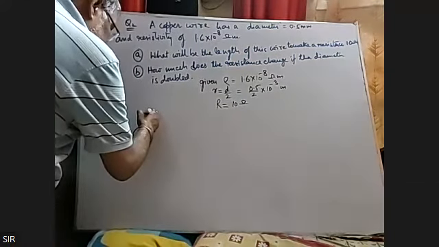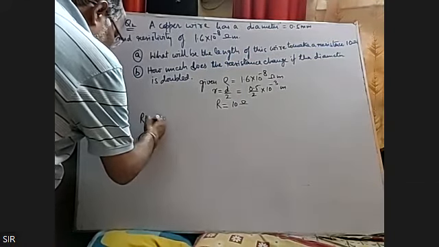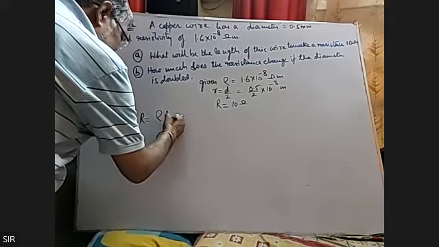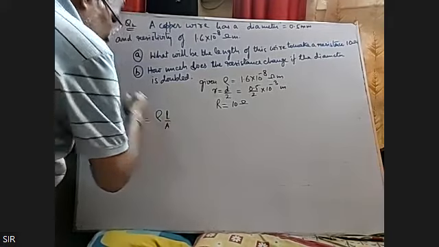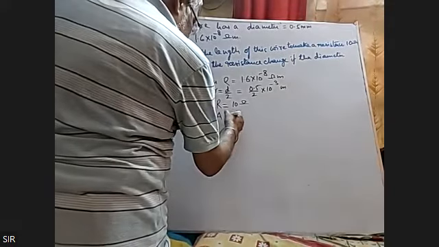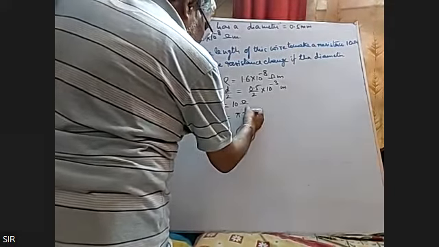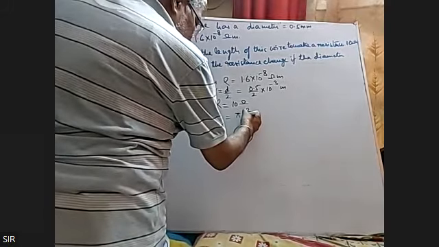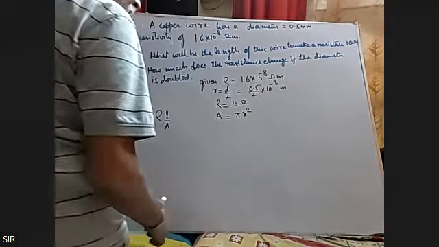So R is equal to rho L by A. Now we have to calculate A. A will be pi r squared. This is a wire, radius is given.